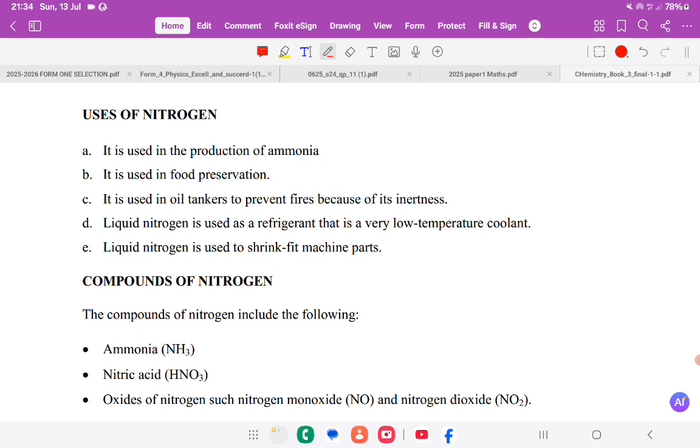Alright, so nitrogen is a very useful gas, as you might have learned before. For example, it is used for the production of ammonia, through a process called the Haber process, in which hydrogen gas reacts with nitrogen gas to form ammonia.